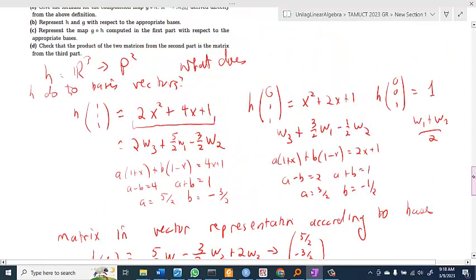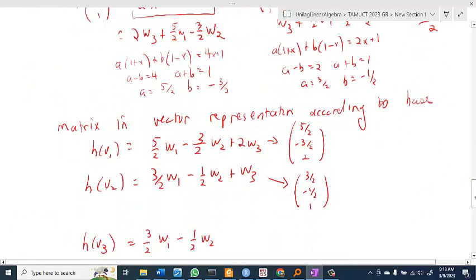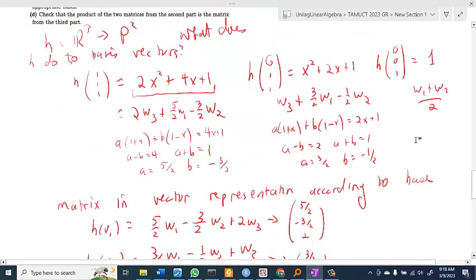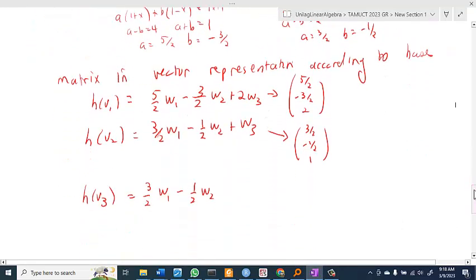Let me think a second. I think I may have made another mistake. Hang on just a moment. I was looking at the wrong place. The last vector goes to 1 half, 1 half. Okay, so this was not correct. This is w1 over 2 plus w2 over 2. So this is 1 half, 1 half.